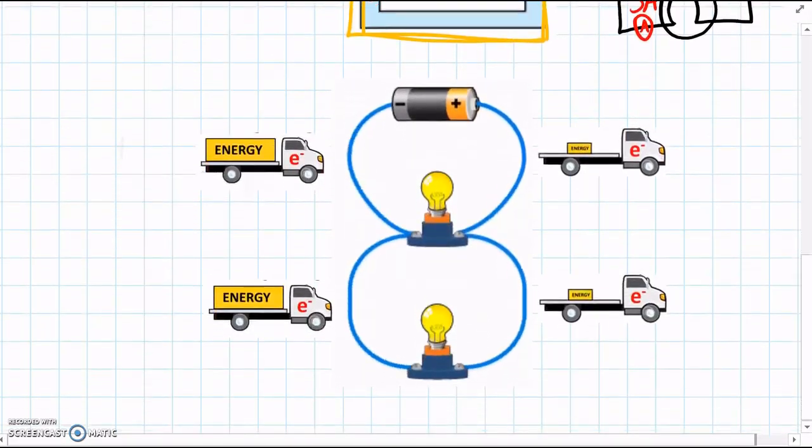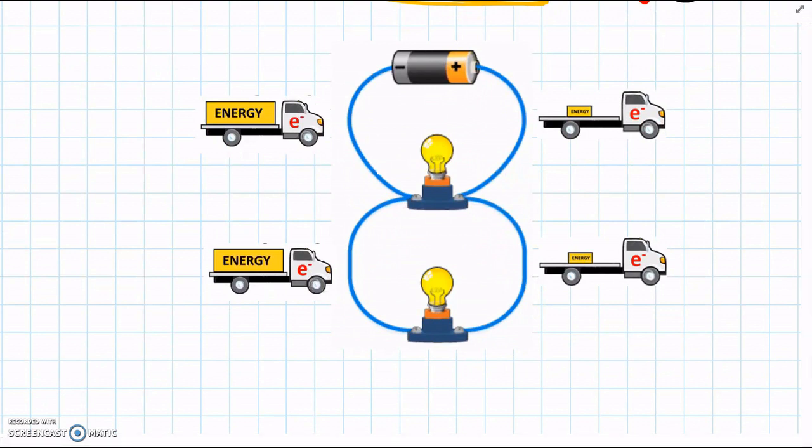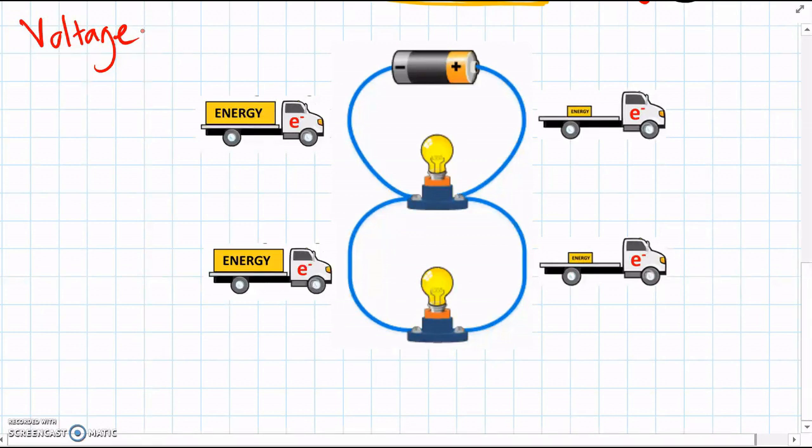What happens with the voltage though? So let's use the trucks model again to picture the voltage. So we can see here, just like always, at the negative end of the battery, electrons are being produced and they're being given lots of energy, which is the voltage.